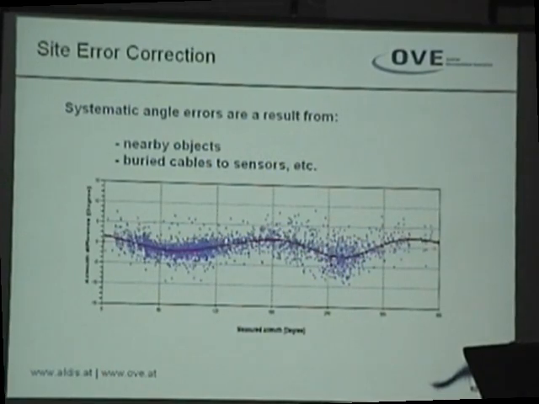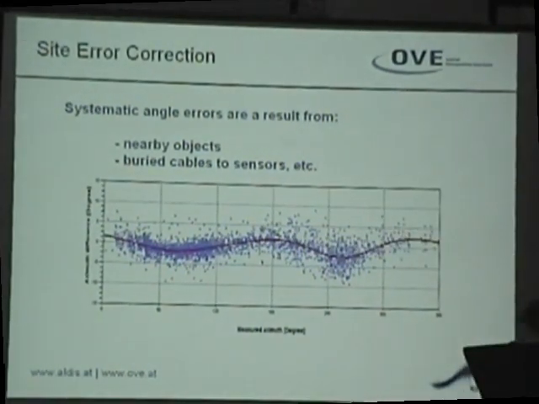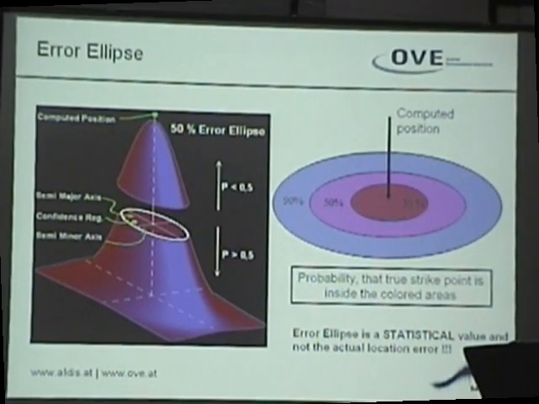For the site error, there is no problem, because you can correct the site error and then only random error remains. And the ellipse, of course, is only related to the random error. There is no systematical error included. So, this is not a problem.